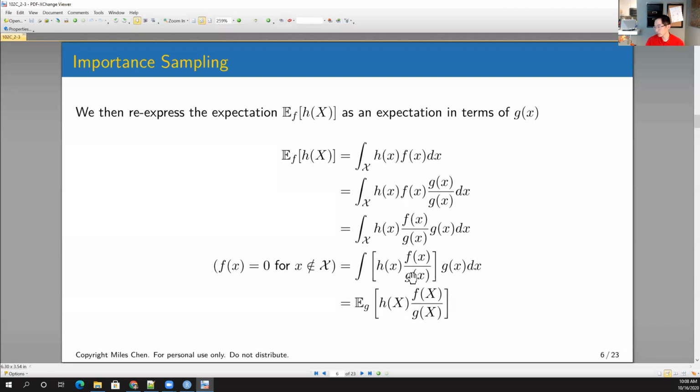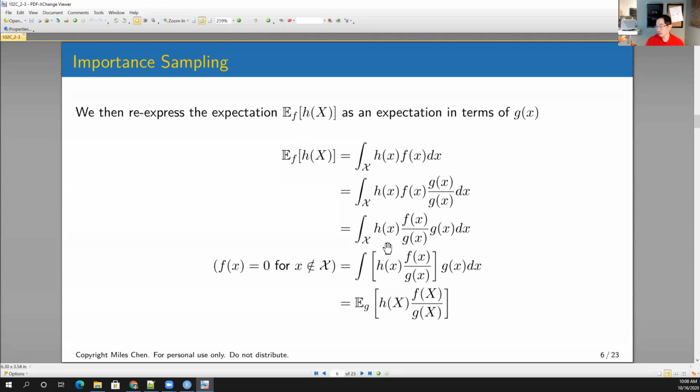Now this is in the form of a function multiplied by a density. g of x is a density, and this bracketed part is the function. Over here, the expected value of h of x, where x comes from f, is the function h of x multiplied by the density f of x.